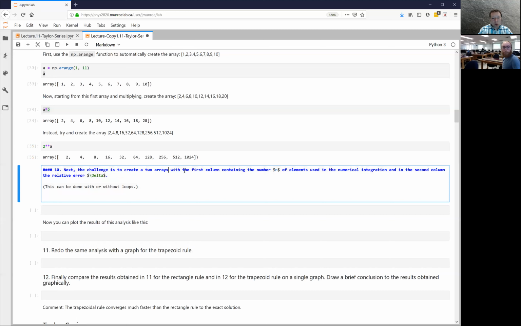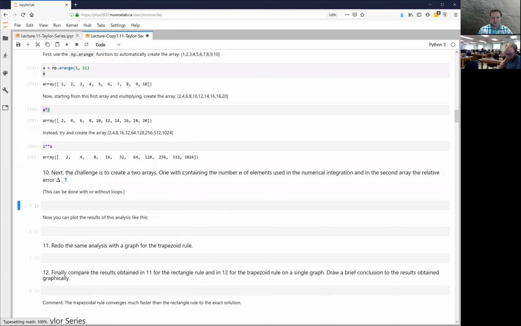Let's create 2 arrays: one containing the number of elements used, and the second array the relative error. You could do this any which way you like.